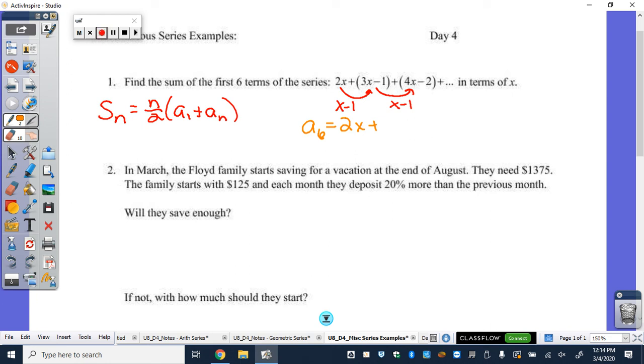Our first term is 2x. Common difference we just figured out was x minus 1. And it's going to be times 5, because that would be n minus 1. n is 6 because we're looking for the first 6 terms, so 6 minus 1 is 5. Distribute, combine our like terms, and we should end up with 7x minus 5. That's our 6th term.